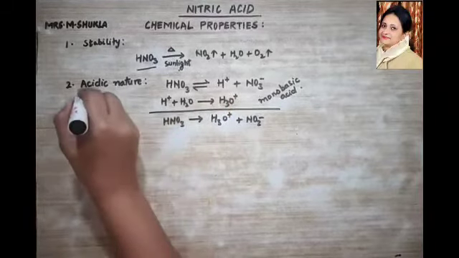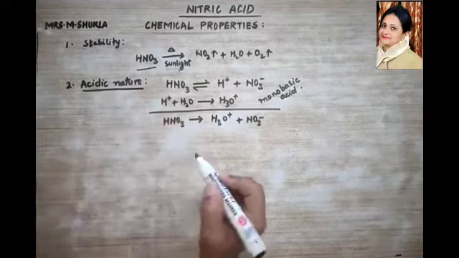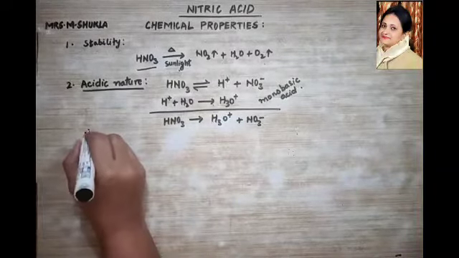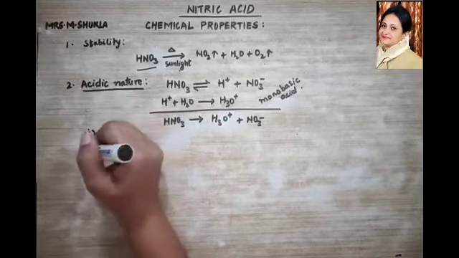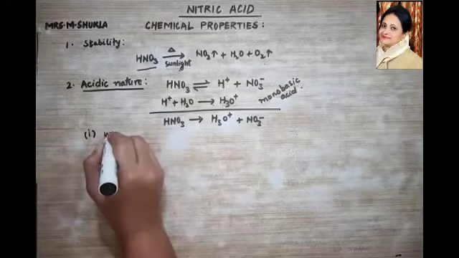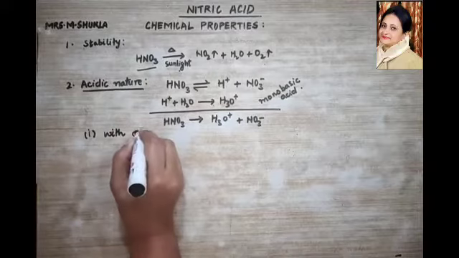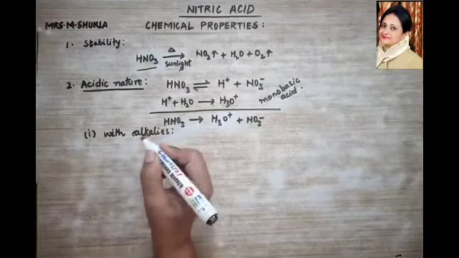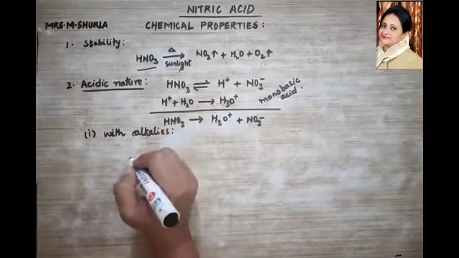Further, moving with some more acidic properties of nitric acid. So let's talk about the first acidic property, which is reaction with the alkalis. Okay. So we all know that acids, when combined with bases, form salt and water.